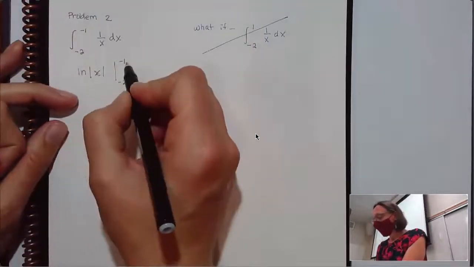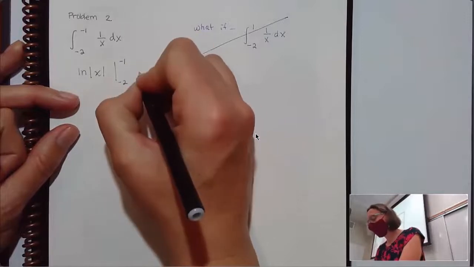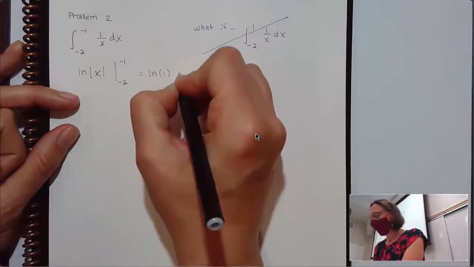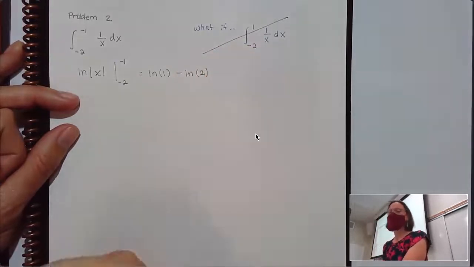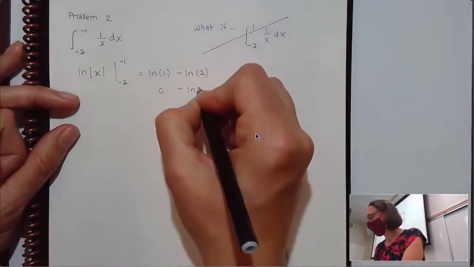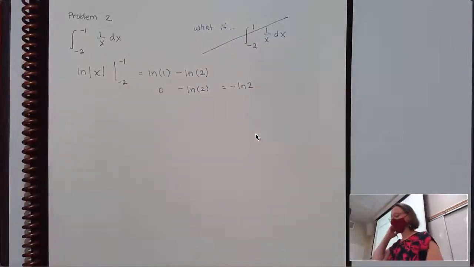So when I plug in -1, and then we take the absolute value, that becomes natural log of 1 minus natural log of 2 because of those absolute values. And that's a 0 minus ln of 2, or negative ln of 2.